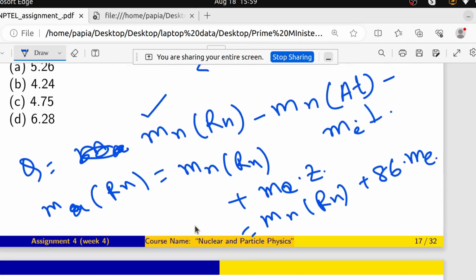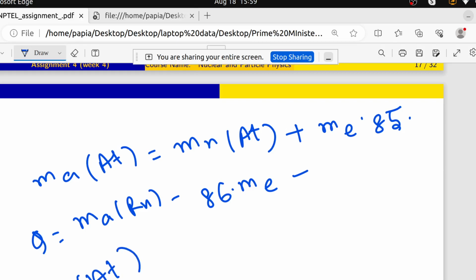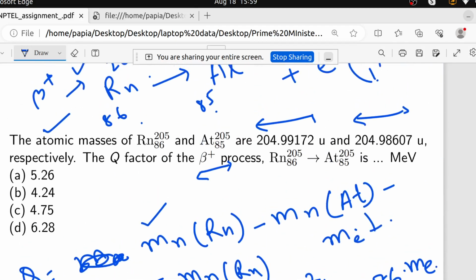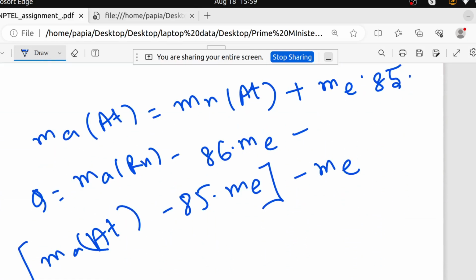Now I have to write the Q value. So in that Q value you can see that Mn of Rn should be replaced by Ma of Rn minus 86 into Me, minus Mn of At. Mn of At means Ma of At minus 85 into Me. Again there is one minus, you can see here minus Me, that means 1 Me. So this will be the expression.